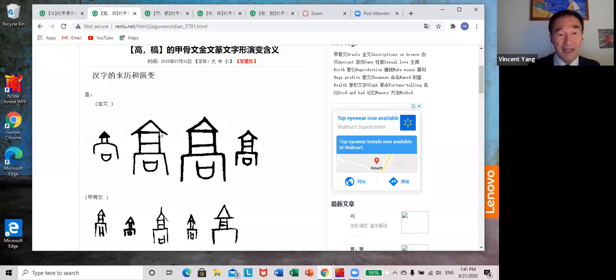And you have the ancient high rise, okay? And so that's Gao. And with Liang, the terrace, a small foundation, was changed to two legs, a person.